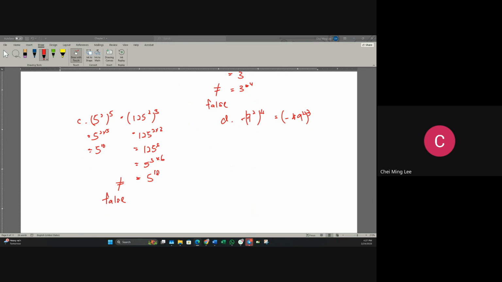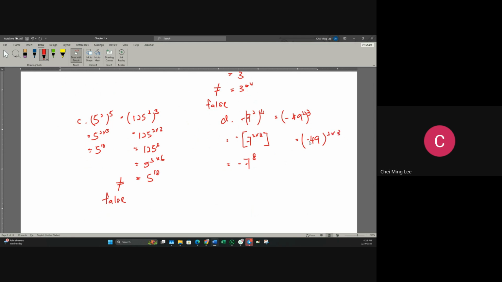And then for this one, negative 7 power of 2 times 4. So this one will be 2 times 4, which is 8, negative 7 to the power of 8. While this one is negative 49 power of 2 times 3.